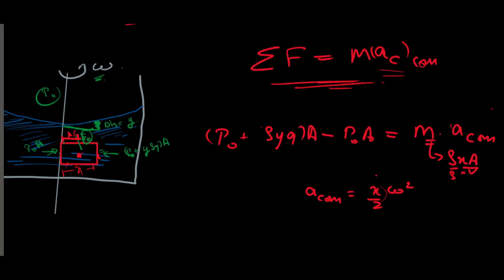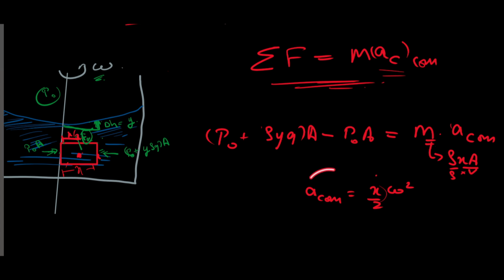Now writing down the equation, we have P naught plus rho y g times area, minus P naught times area. This will give us the mass times acceleration. Now what was the mass? The mass can be calculated as rho, the density of the fluid, times x times a. X times a is nothing but the volume, so it is dimensionally correct as well.